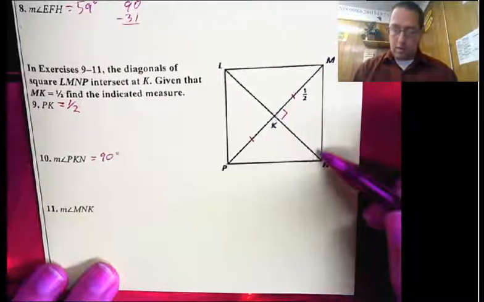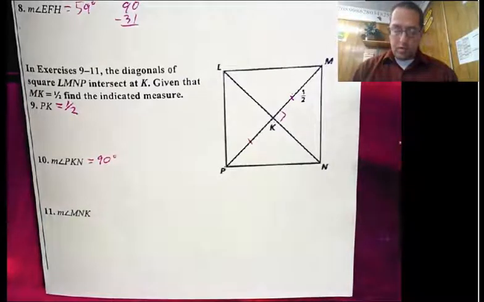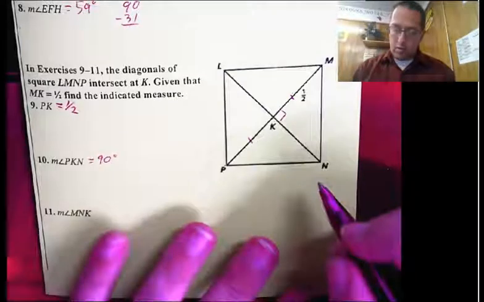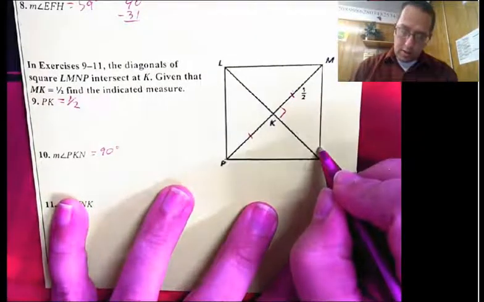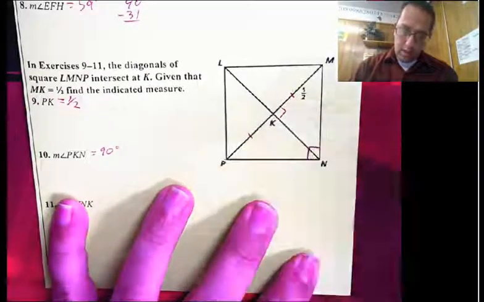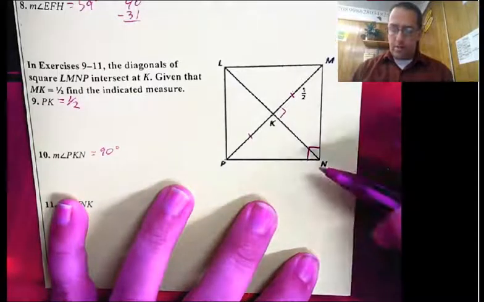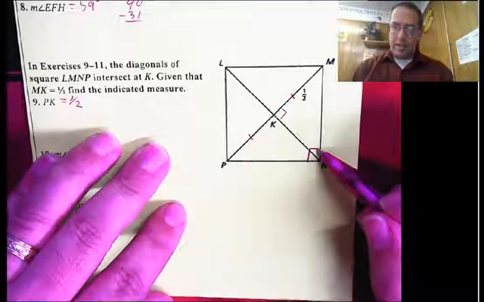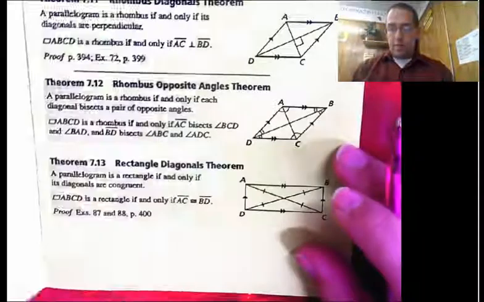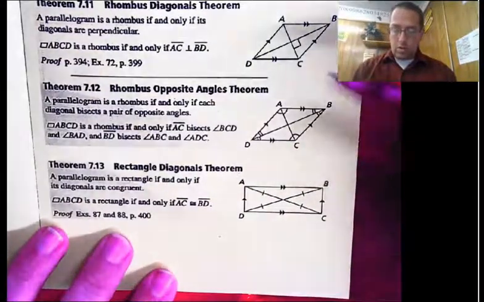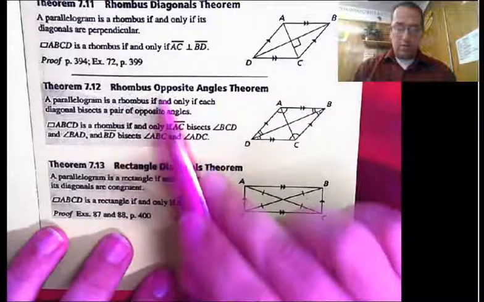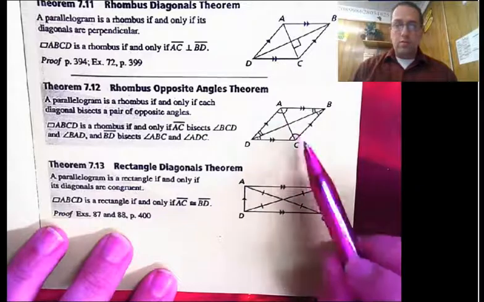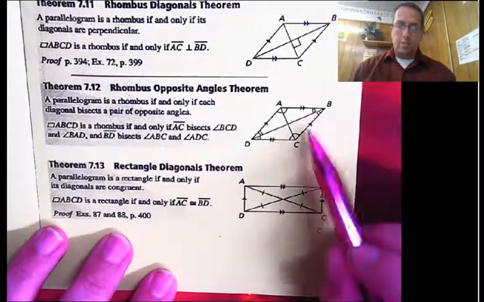Okay, and last one, we need the measure of angle MNK. So we need the measure of this angle here. Well, it's a rectangle because it's a square, right? So since it's a square, it's a rectangle, that means that this whole thing is a right angle. But that still doesn't help us find this little piece of an angle, right? Except that it is also a rhombus. And the rhombus opposite angles theorem says that the diagonals are going to bisect the angles.